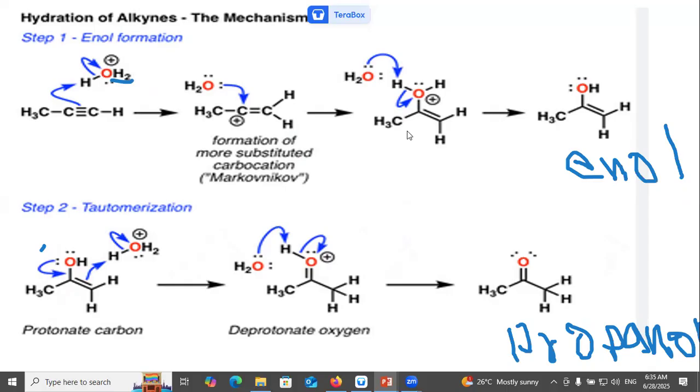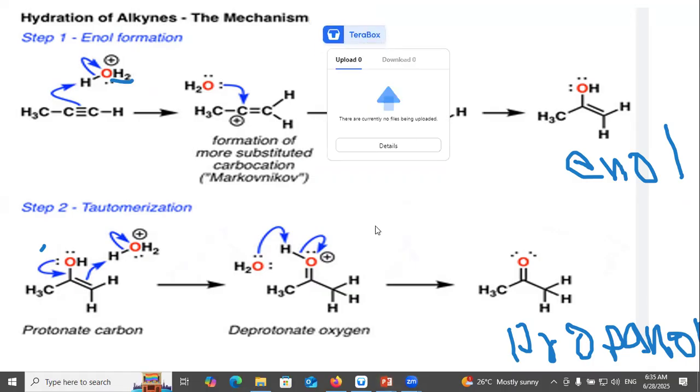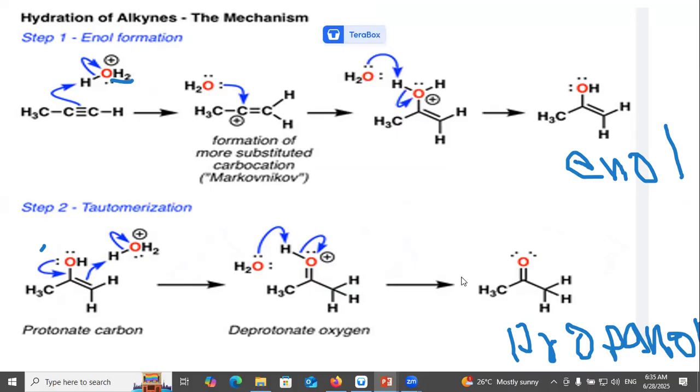hydration of alkynes. In case of mechanism, the hydronium ion is attacked by alkyne and formation of more substituted carbocation.